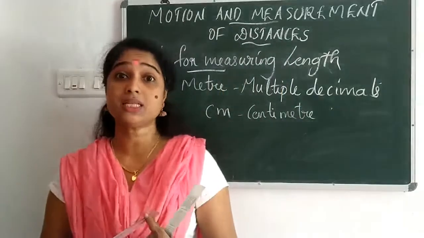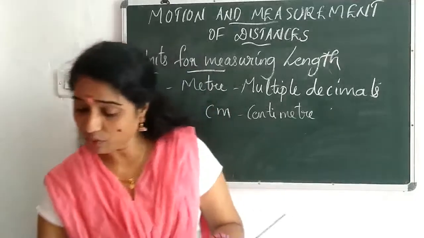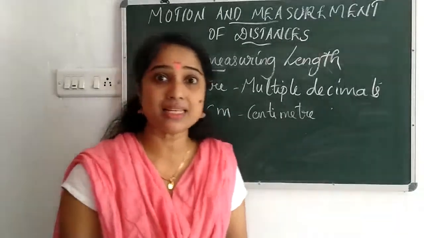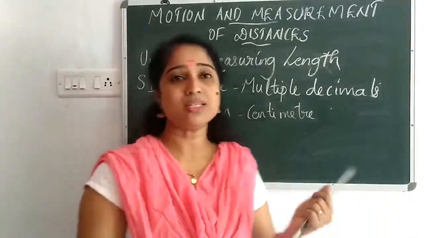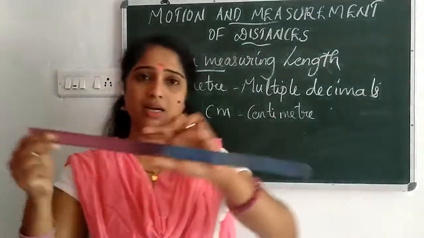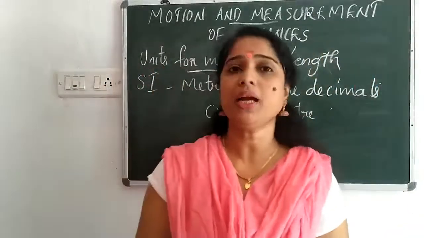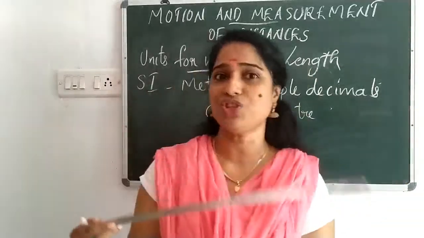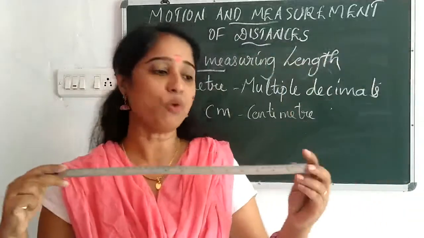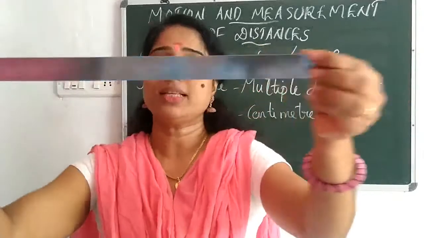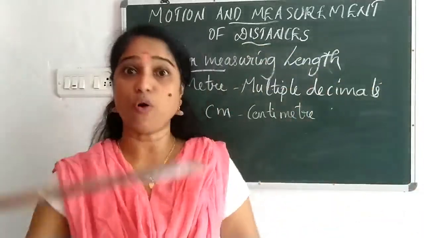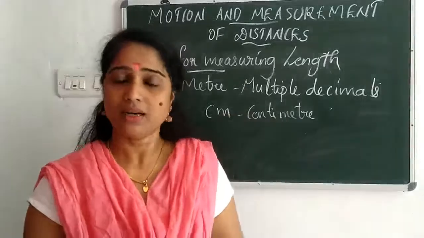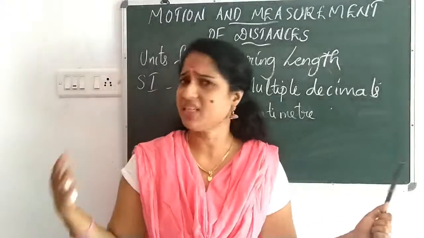I think in many of your scales it is nearly 15, isn't it? In my scale, I could see 46 centimeter as it's a long scale. Depending upon the length of the scale, it can change. The length of my scale is 46 centimeter.